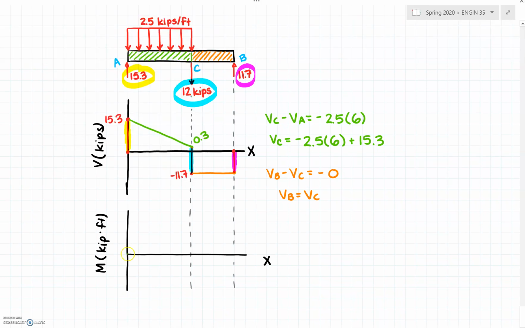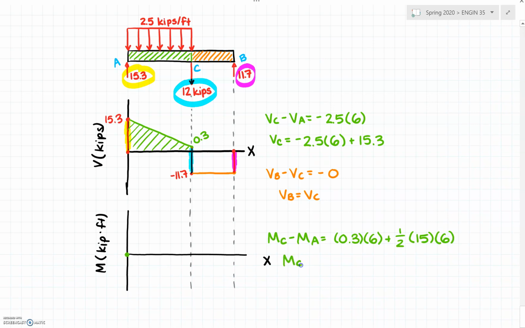We're going to start at 0. We have the bending moment at C minus the bending moment at A. It's going to be the area under our shear curve from A to C. So that's going to be that little rectangle, 0.3 times 6, plus the triangle, 1/2 times 15 times 6.